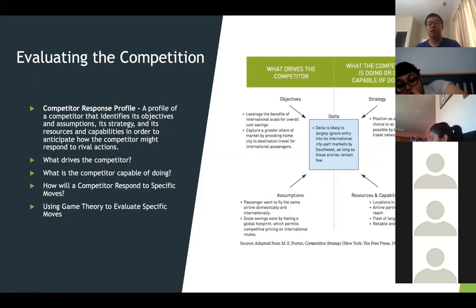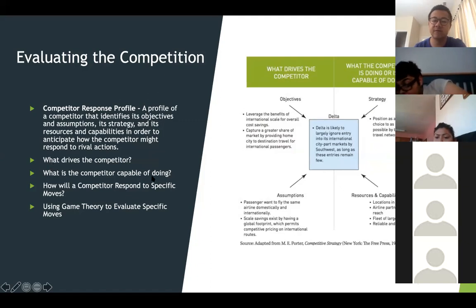Evaluating the competition is the second topic of this chapter. The very important concept of this topic is the competitor response profile. You can see this graph also in the textbook or the professor's lecture. It answers two questions.